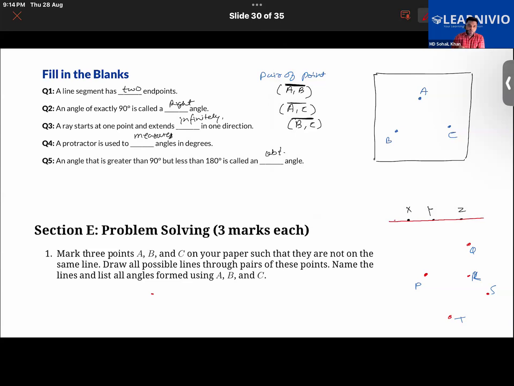They will draw the line. Okay. AB, BC, and CA, angle ABC. You again have not used a scale, Laksh.